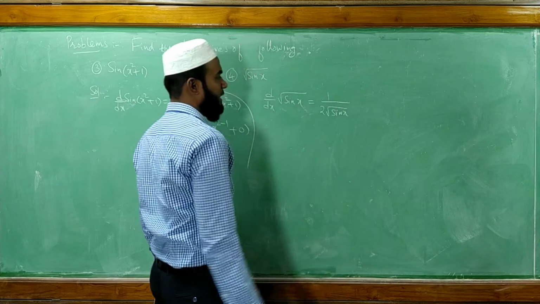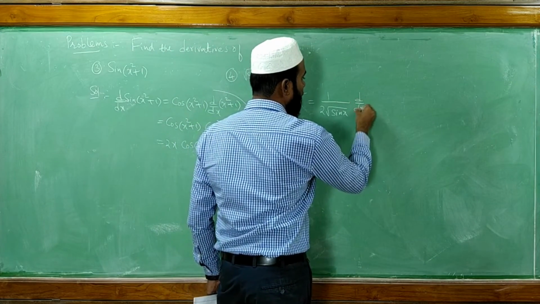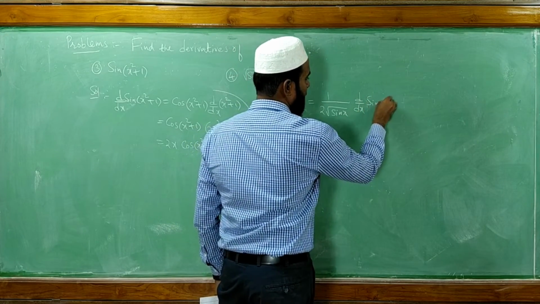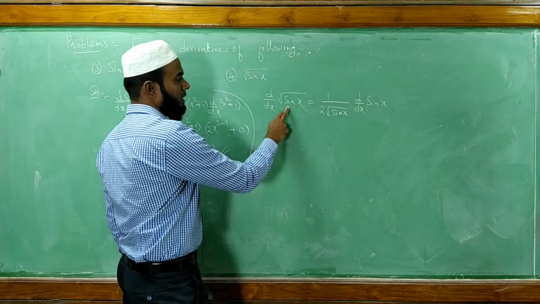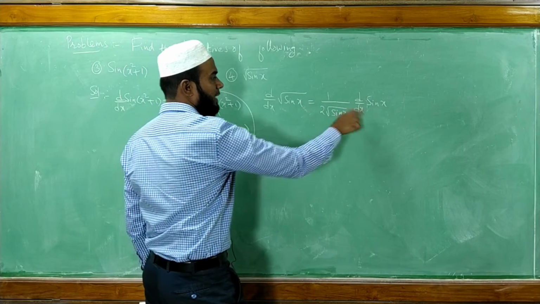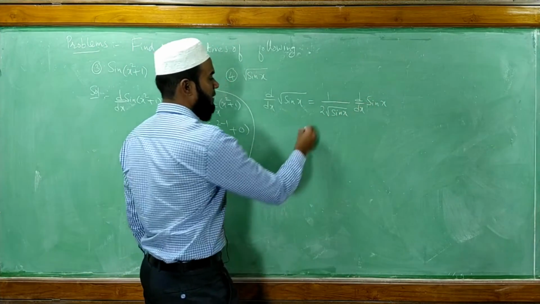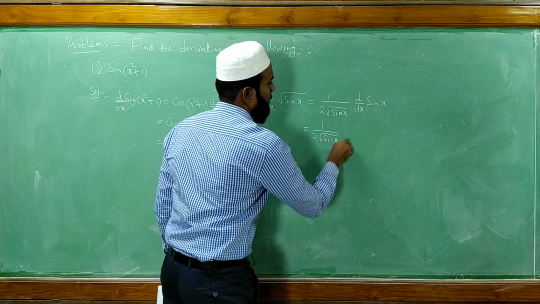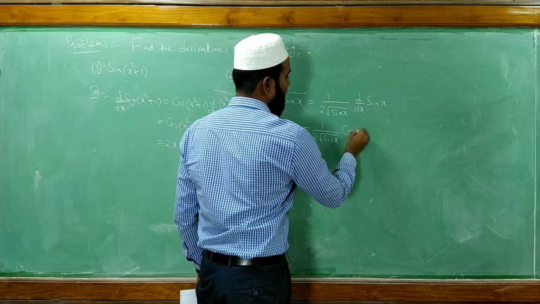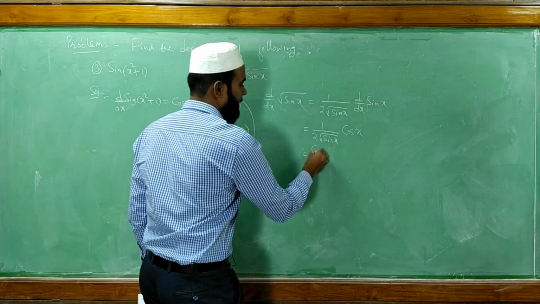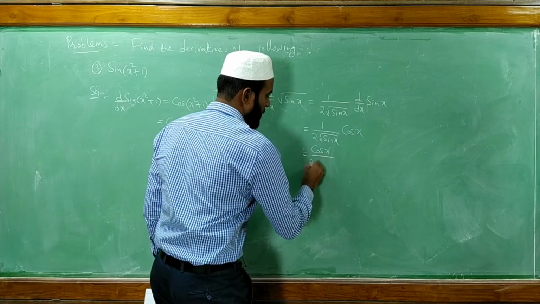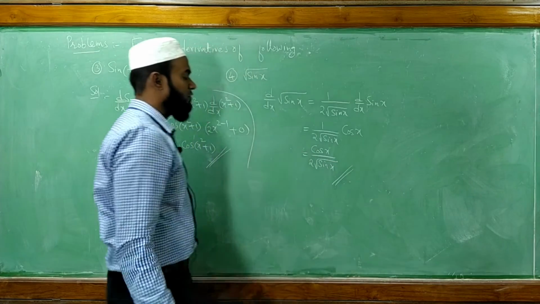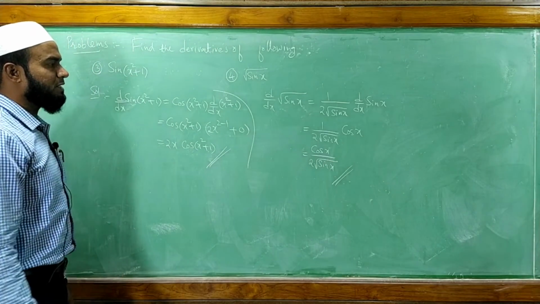Then again the derivative of sine x. Root something gives 1 by 2 root something, again the derivative of that something, right? 1 by 2 root sine x, and the derivative of sine x we already know, this is cos x. Therefore the final answer will be cos x by 2 root sine x, right? This is how we find the derivative by using the standard formula.